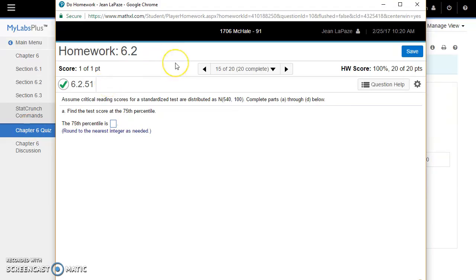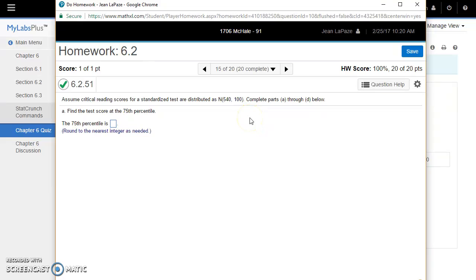You can see that it's in your homework from 6.2, and the question is 6.2.51. It's asking you about a critical reading score for a standardized test that has a distribution of N(540, 100).